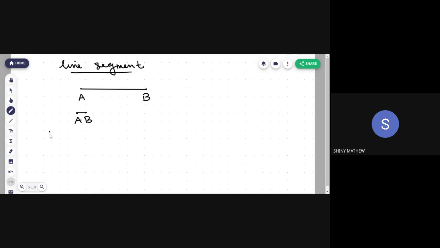Then below you can give the next heading, line. Below you write line.